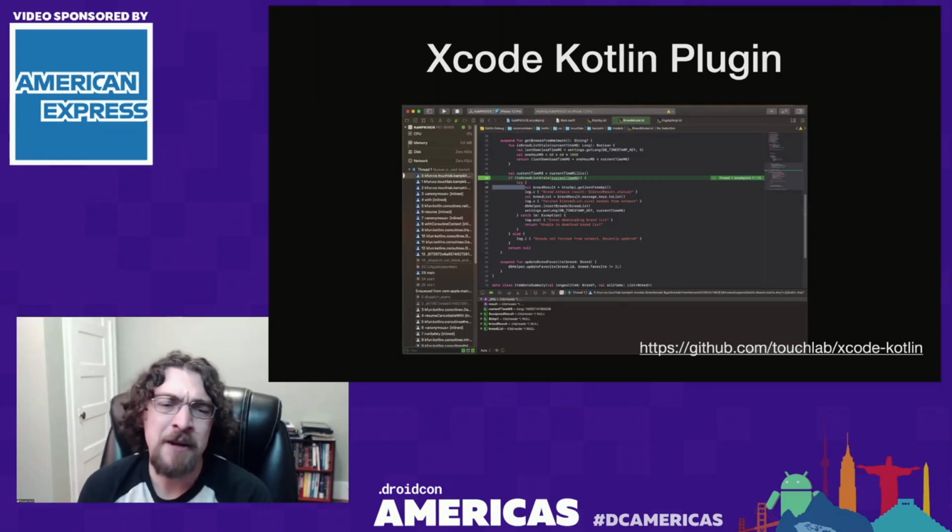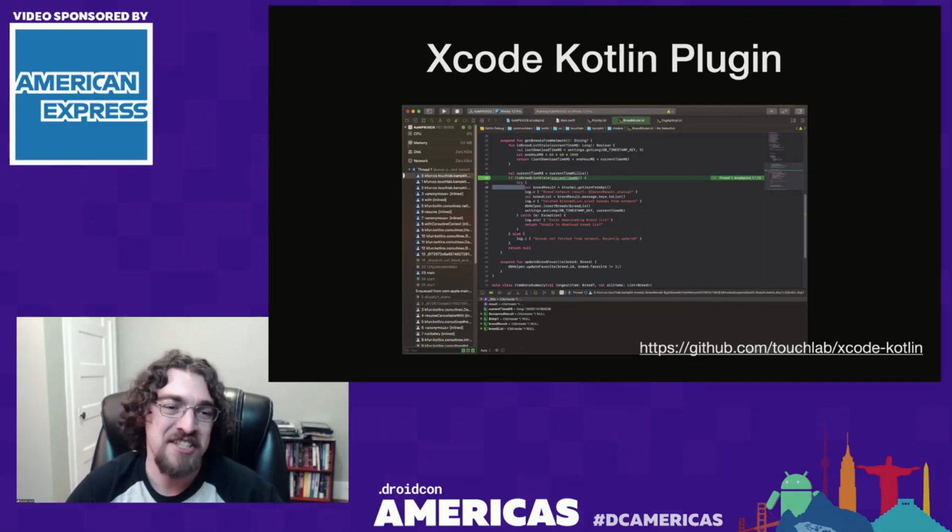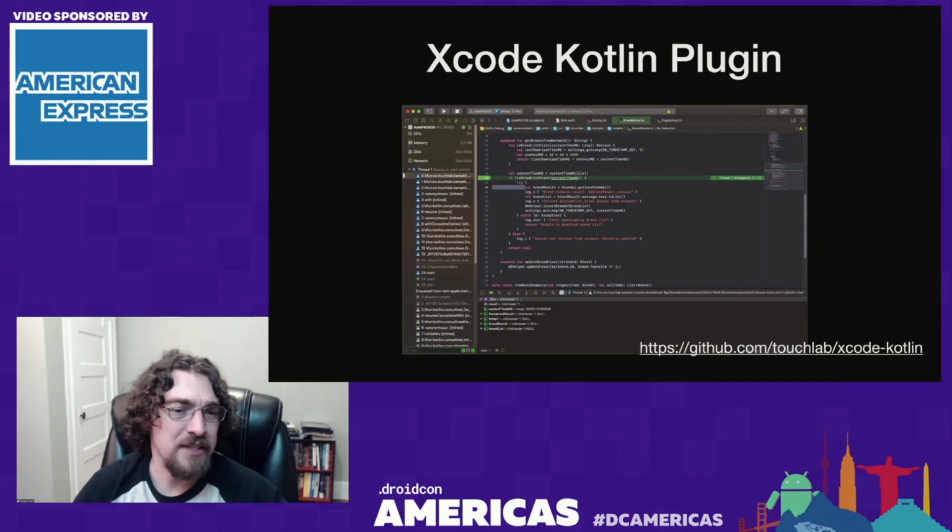That's been around for a little while. We've updated it so it works with Xcode 12 now, and the install process is a lot more streamlined. So if you're digging deep on this stuff, it's worth playing around with.